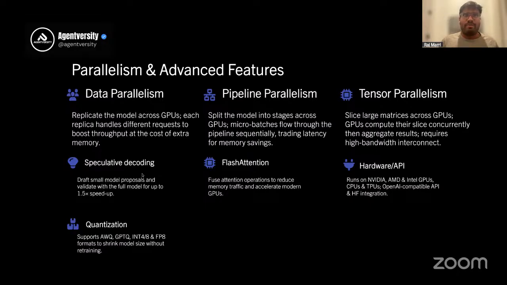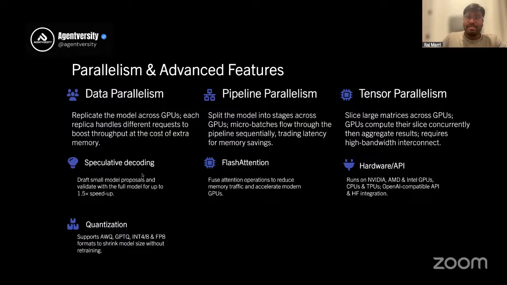And then a bigger LLM can just say yes or no, right or wrong, and accept those tokens. If it's wrong, then it will change it. But the small draft model would propose all of the next 5 or 6 different tokens. So that's what speculative decoding is, and vLLM supports that. So you do that with vLLM.